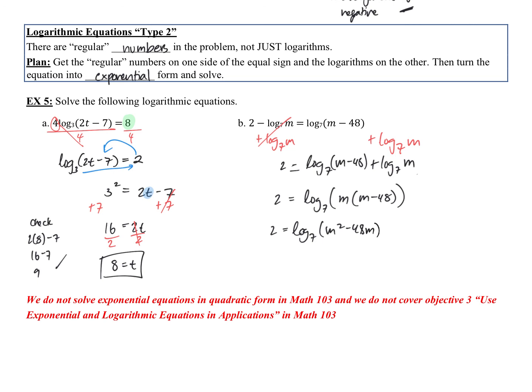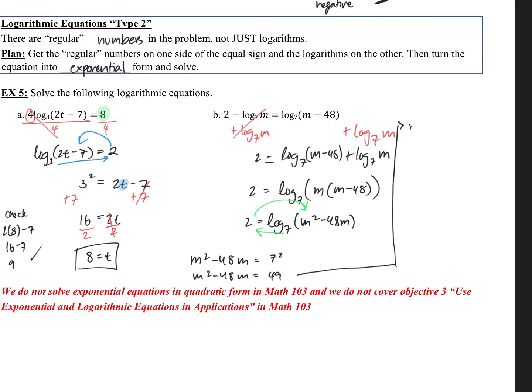Okay, so now we can turn this into exponential form. So 7 to the second power gives me that. And then we have m squared minus 48m equals 7 squared, which means m squared minus 48m is going to equal 49. Okay, let's go ahead and keep solving.